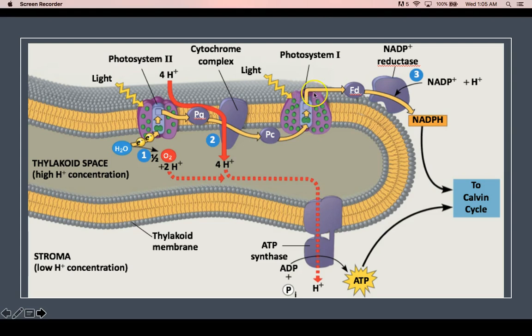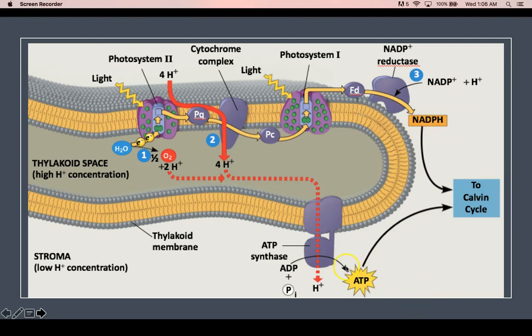That electron is going to be passed to another electron transport, this time the ferredoxin. Ferredoxin is going to pass those electrons through NADP reductase, which is going to also use NADP plus and pull some of those protons from the stroma to synthesize NADPH.